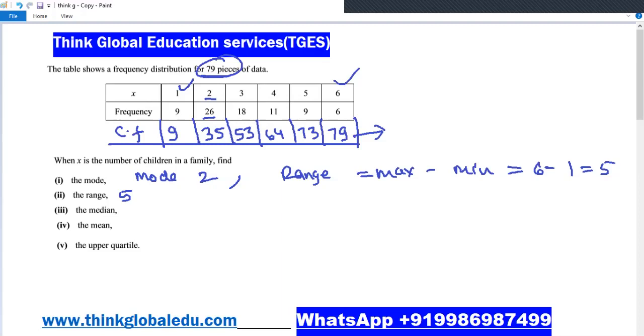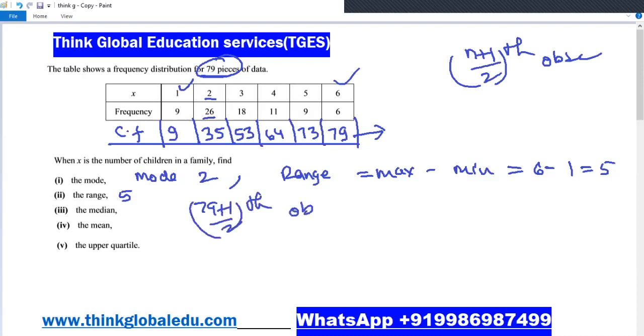Now the median is the middle observation. We have a total of 79 values here. If we have an odd number of values, we can use the formula (n plus 1) over 2th observation. So (79 plus 1) over 2 is 80 over 2, that is the 40th observation.